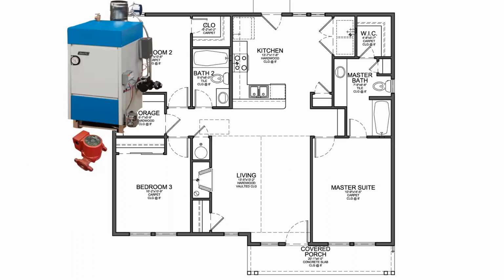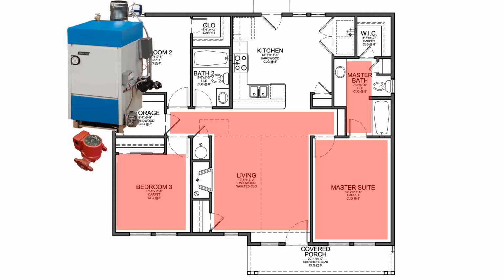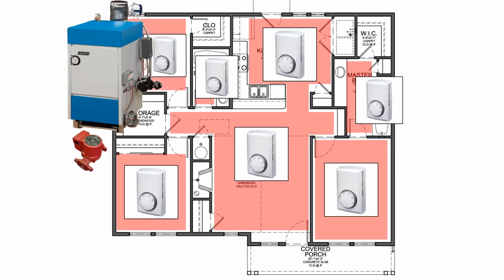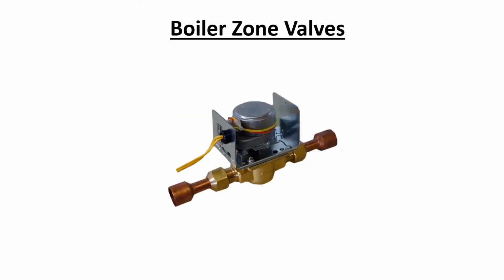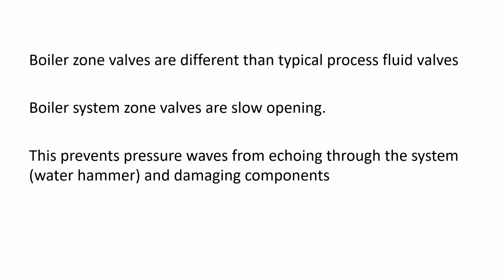So here's our boiler. We got a circulation pump, and we have all of these different zones, and each one having its own thermostat. In order to control these zones, we need to use what's called a zone valve. Now, a zone valve is slightly different than the valves that we're used to in electrical, and it's because they are very slow opening.